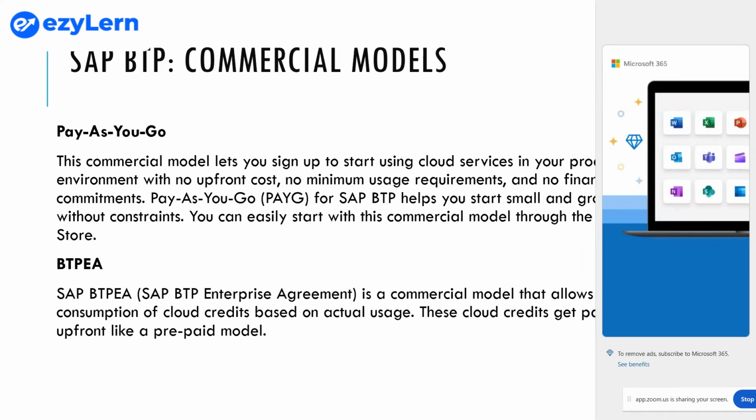Enterprise agreement means it is a one-time investment, one-time agreement which you do. You can utilize all the services whichever are available over the market or the discovery center. It doesn't matter how much you use, how much time you use, how many users. Based upon the agreement, it charges.